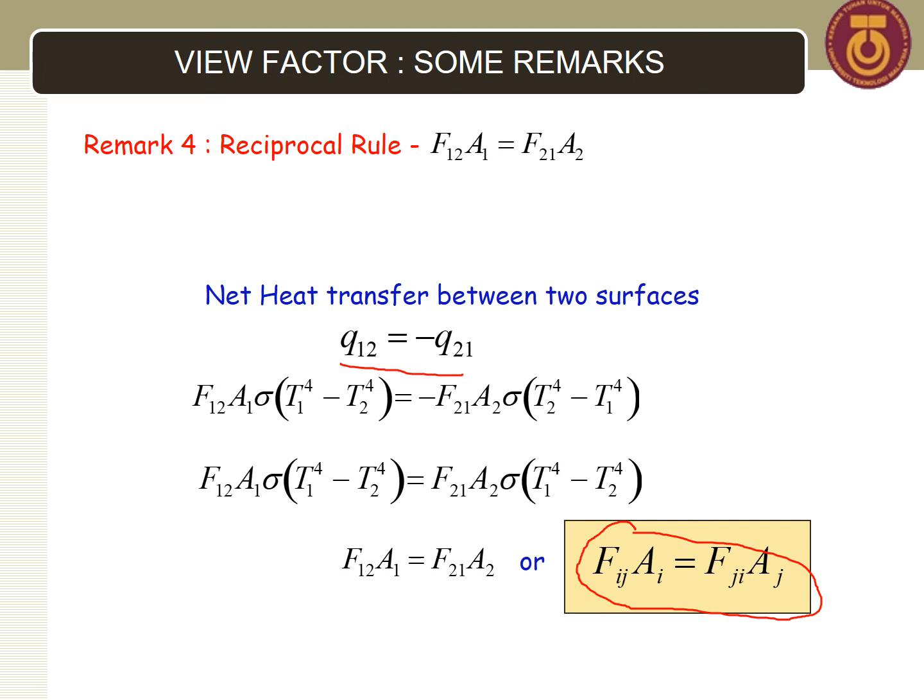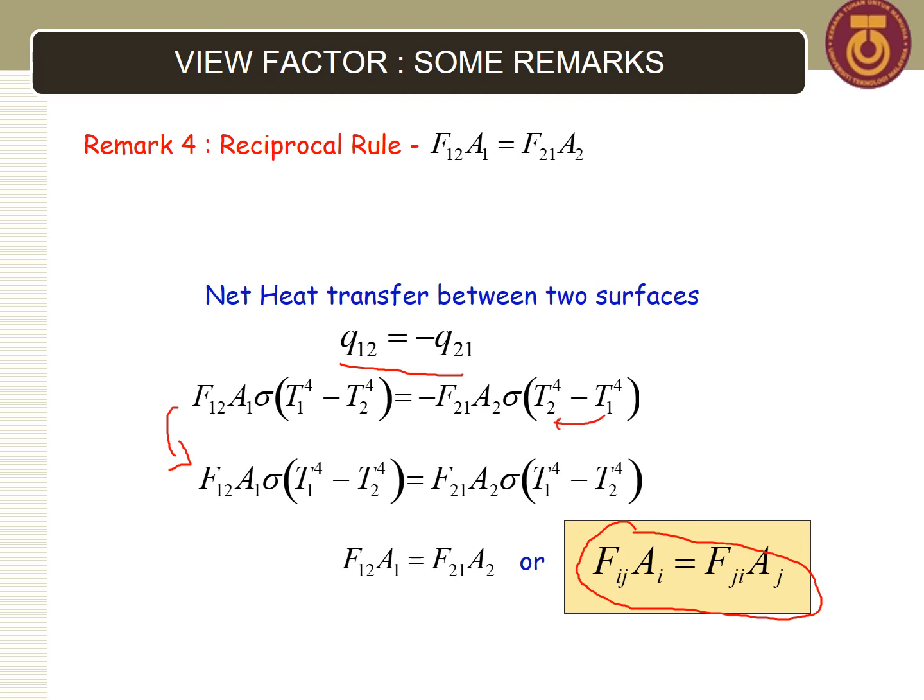So start from here. You can see Q12 equals F12 A1 sigma (T1 power 4 minus T2 power 4). And as we proceed, this negative we'll put inside, so we change the position of T1 here.